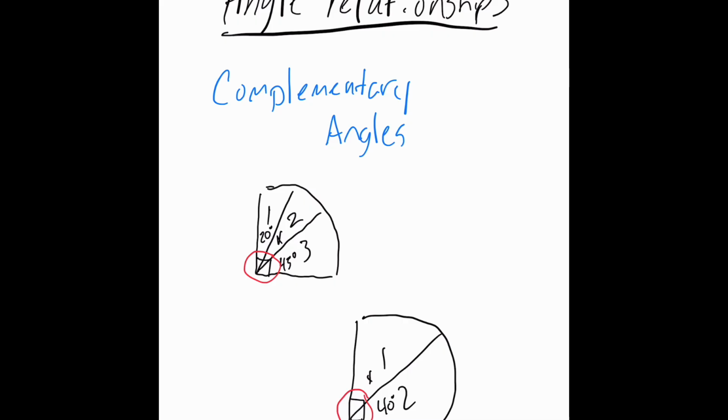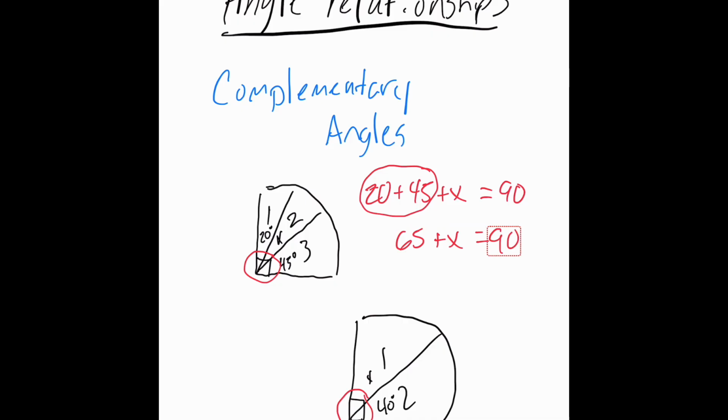So continuing with this, since I know that if I add up angle 1, 2, and 3, it should equal 90. To figure out what's missing, or x, I would do 20 plus 45 plus x should equal 90, okay? So then I would combine my like terms. That would be 65 plus x equals 90.